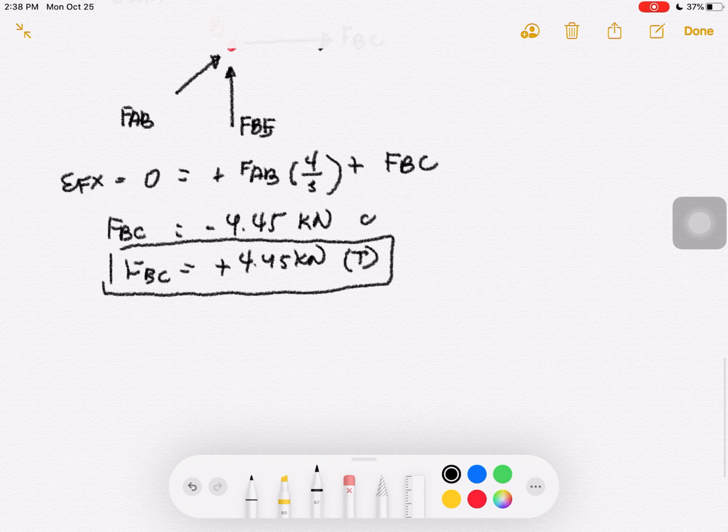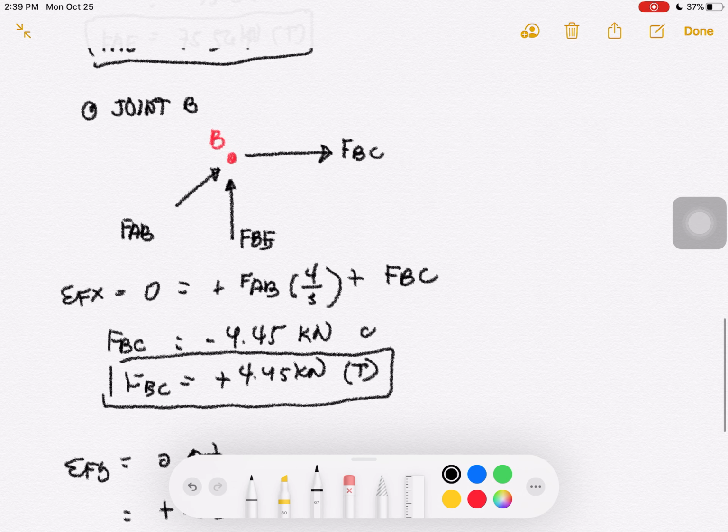Then last is we have summation of forces along Y, going up positive, equals positive FBE plus 5.56 FAB but 3/5. Saan galing? Ito.